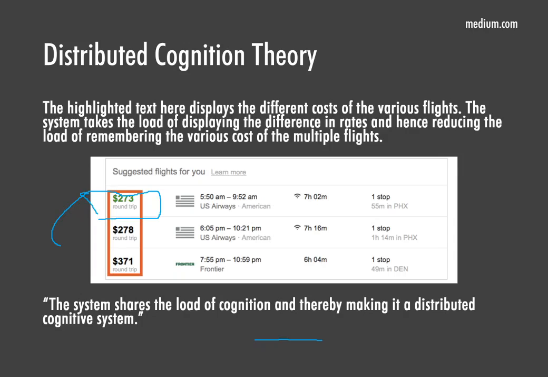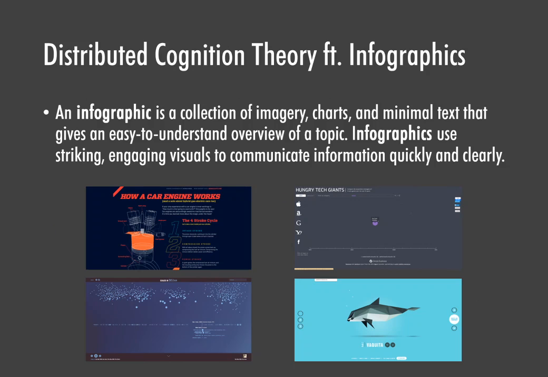So this theory is used in so many different fields inside HCI, but for this class I think we can just focus on infographics. Infographics is a collection of imagery, charts, and minimal text that gives an easy to understand overview of a topic.